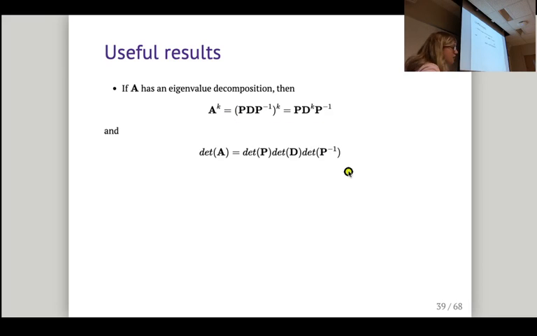P and P inverse do not change. We just simply raise the diagonal elements to the power K. The determinant, based on the fact that determinants are multiplicative, the determinant of A is the determinant of P times the determinant of D times the determinant of P inverse.